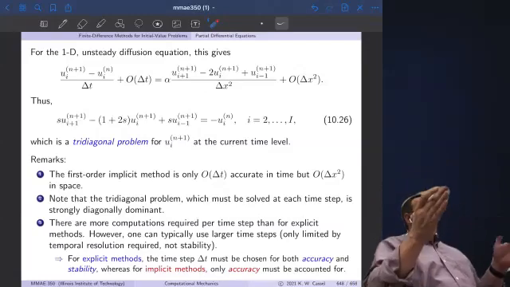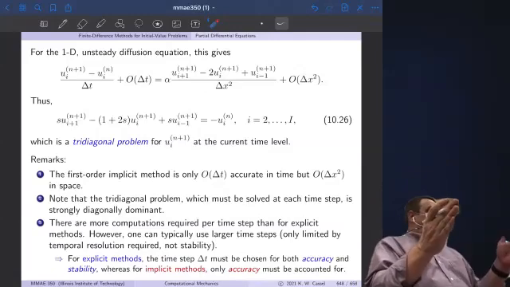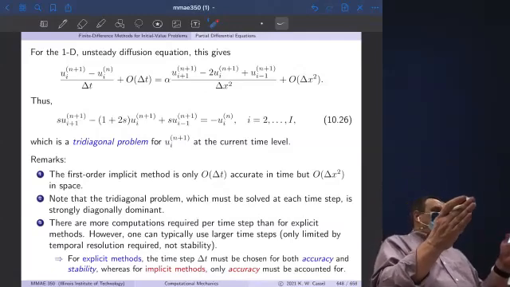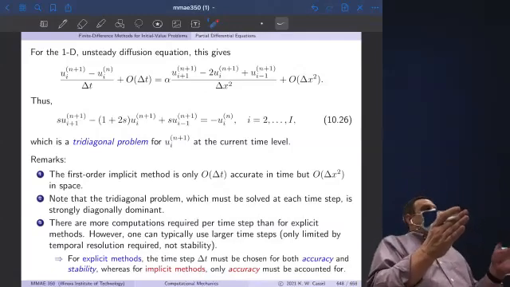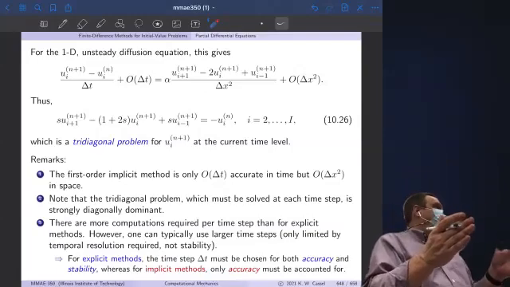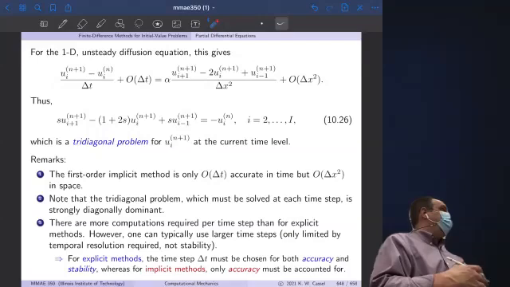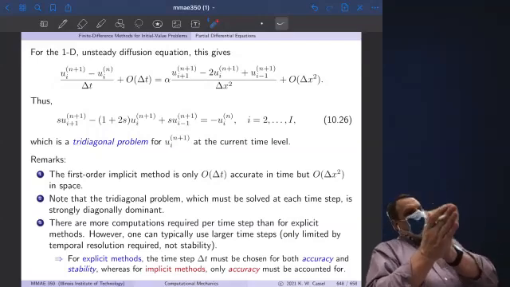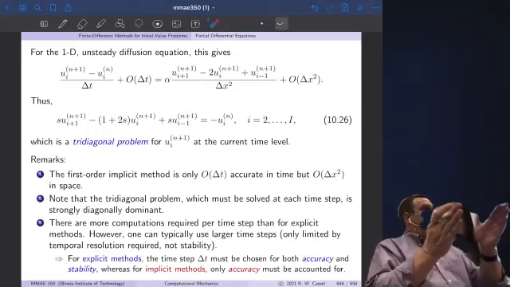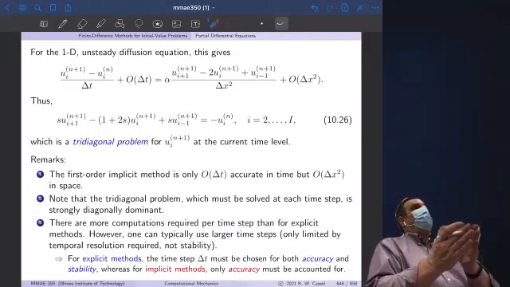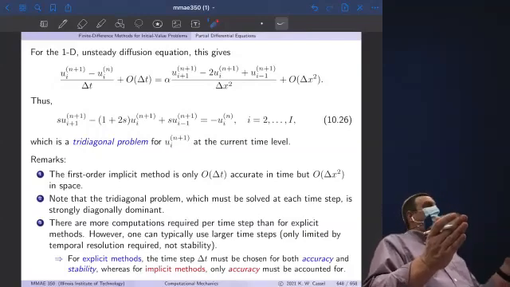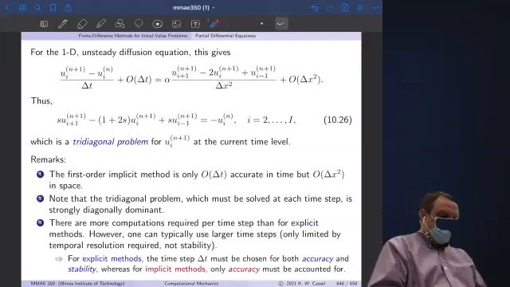So for example, if you can only double the time step as compared to an explicit method, but you have to do twice as much computation per time step, then it's going to take just as long to solve the problem on the computer. So the time step increase because of stability has to be sufficient to offset the fact that you're doing more calculation per time step.